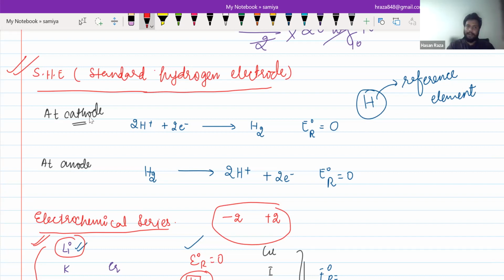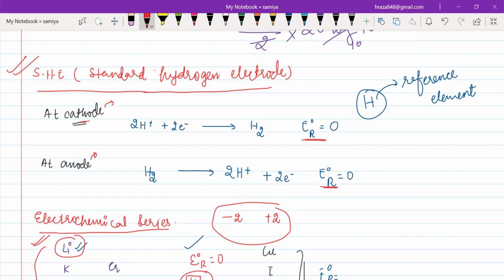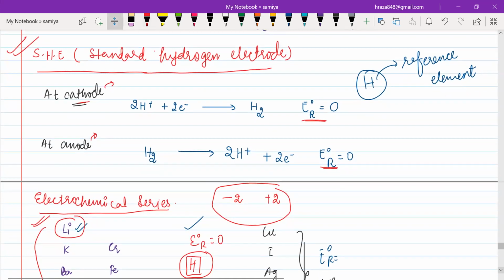That's why whichever cathode, if hydrogen is present, the electrode potential will be zero, in both cases, anode or cathode. As you know, cathode means reduction, anode means oxidation. Is that clear, Madhya? Yes, sir. Take this screenshot. Let me know.